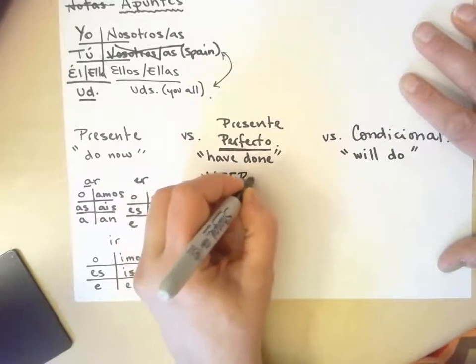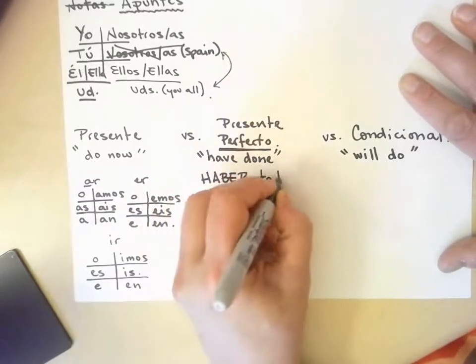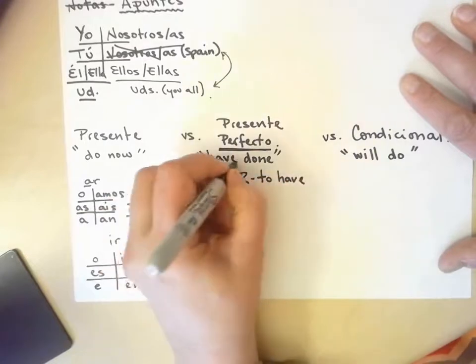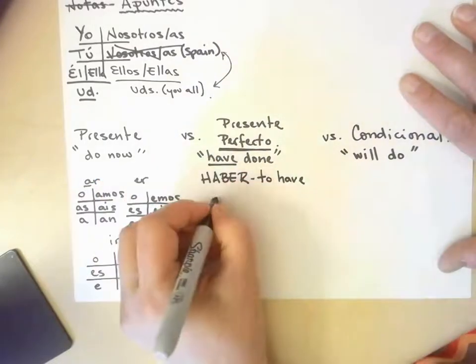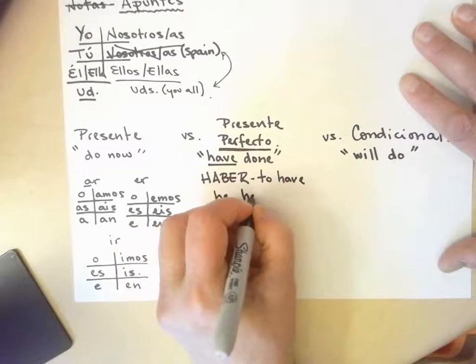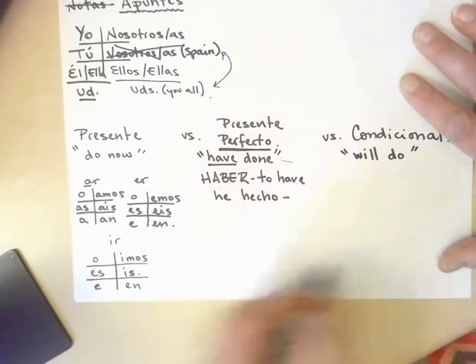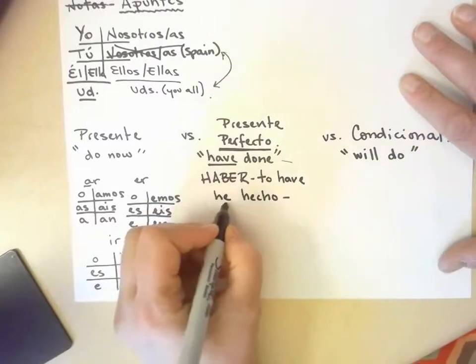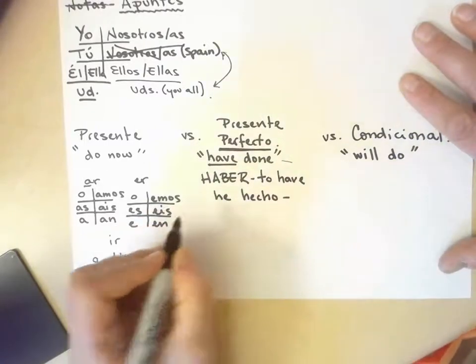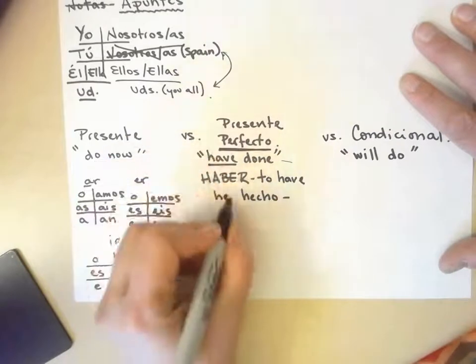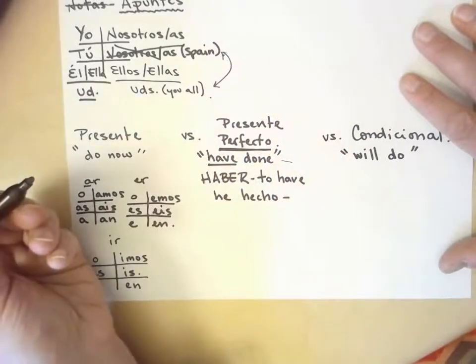Haber is to have, as in the expression, let's say, I have done. Yo he hecho. That means exactly I have done. But I think it's a misnomer. When we say we have done something, we probably did it in the past.